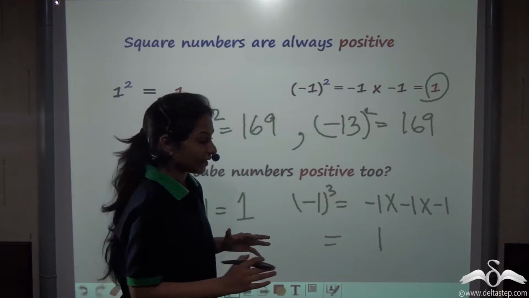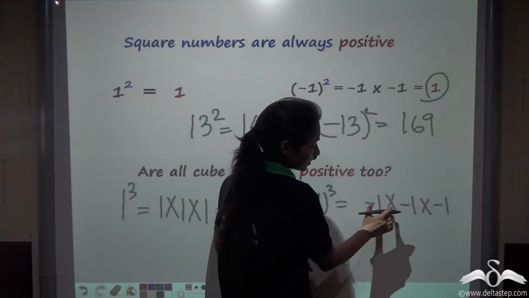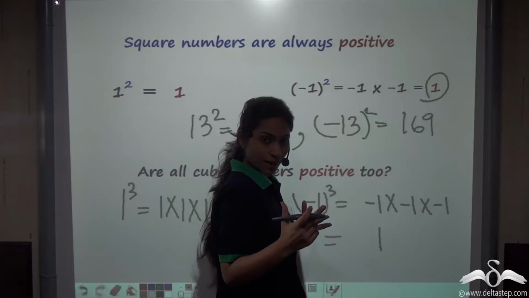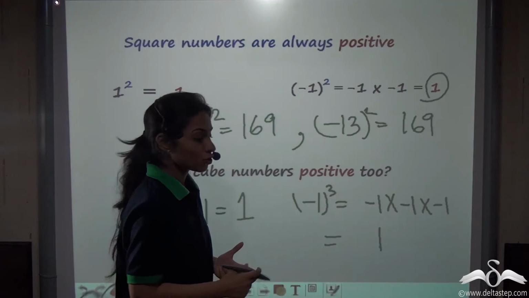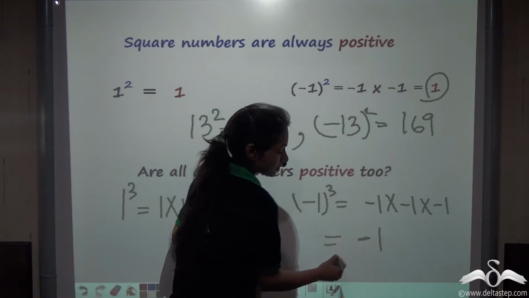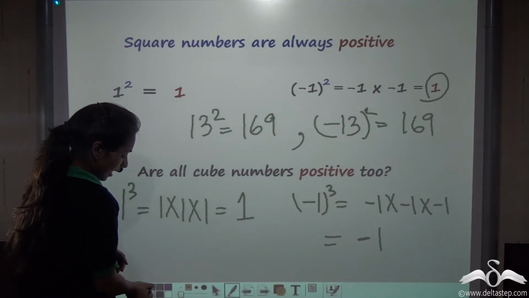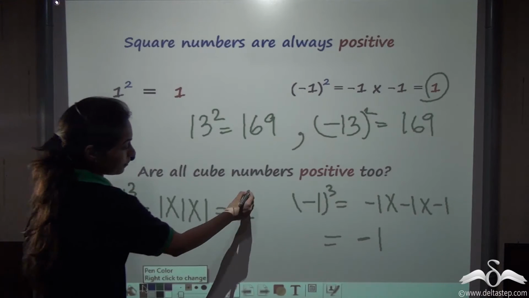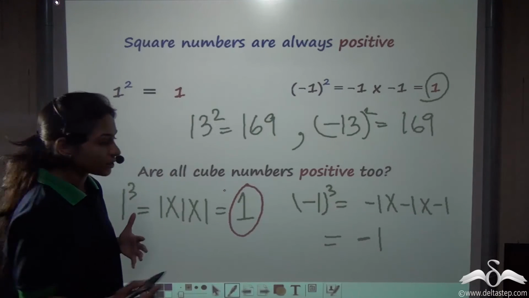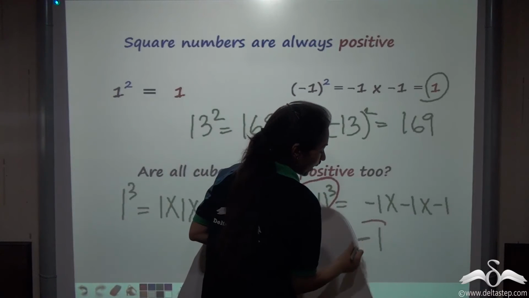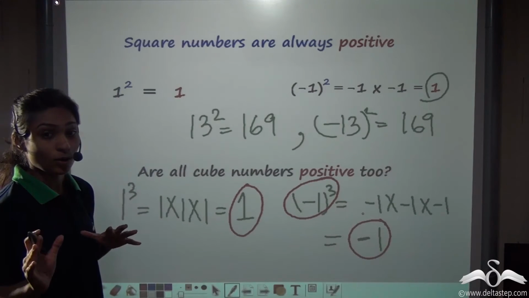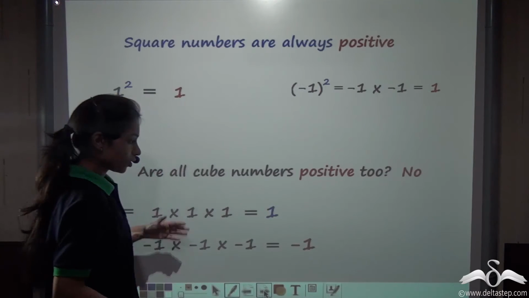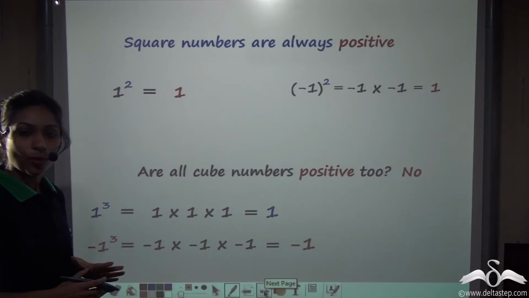Now multiplying the signs. Minus into minus gives us plus, and plus into minus gives us again minus. So we are left with minus. So I can see that 1 cube gives us plus 1, but minus 1 cube gives us minus 1. That means all cube numbers are not positive. You can see all cube numbers are not positive.